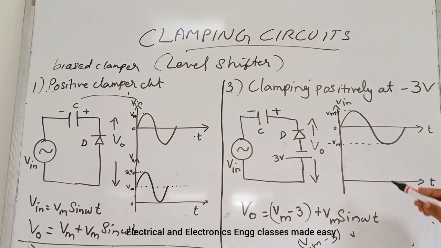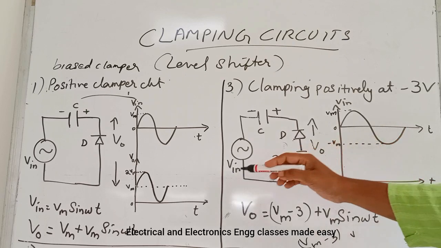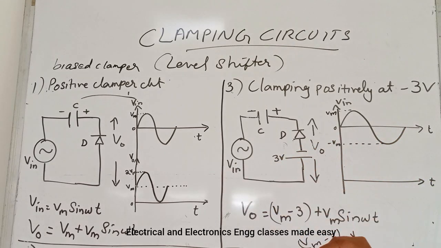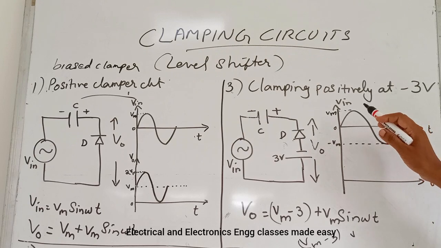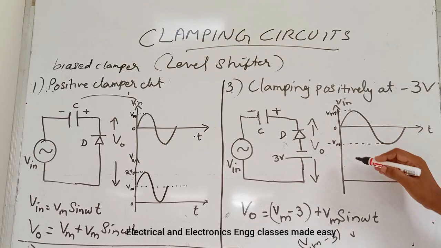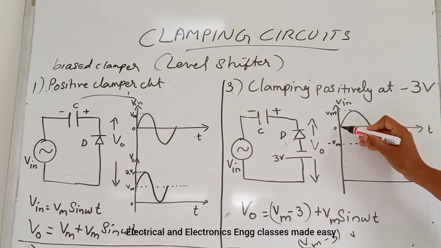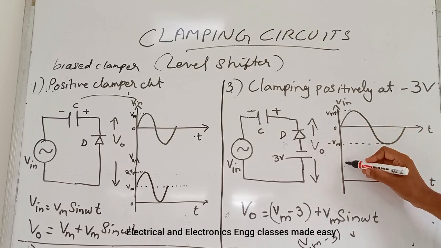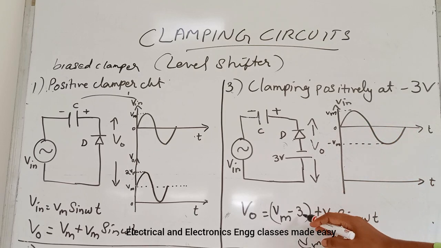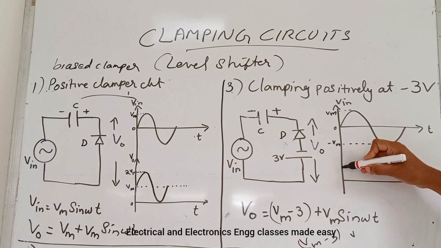Then what will be the waveform? So here we have to consider this minus 3 volt. This is for the positive clamper circuit, and positive clamping at minus 3 volt means here when the input is 0 volt then Vm minus 3 will be the output.